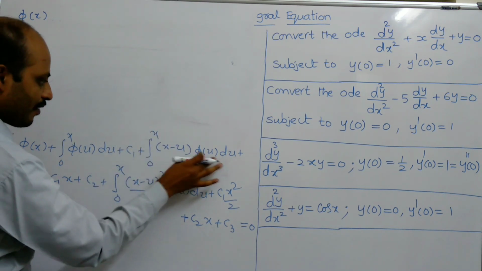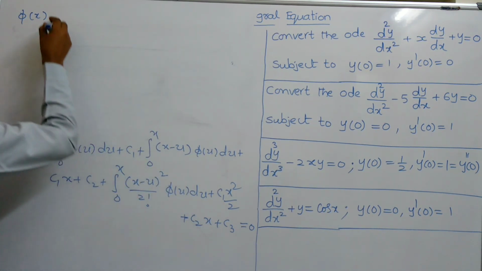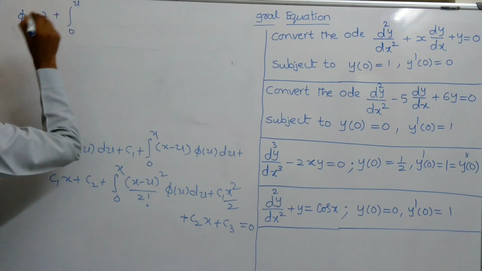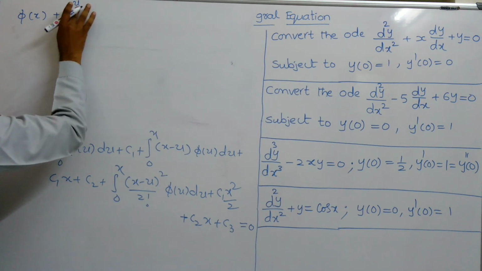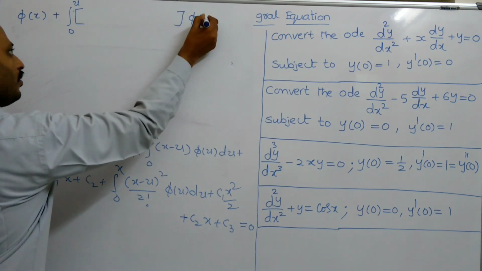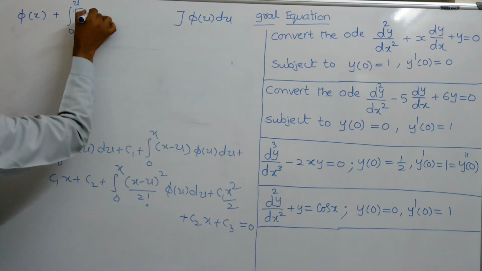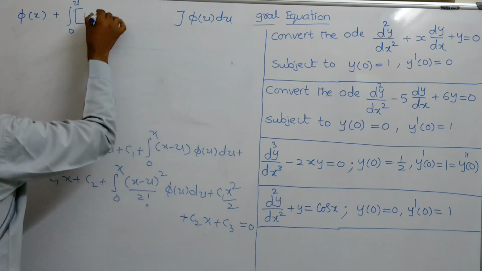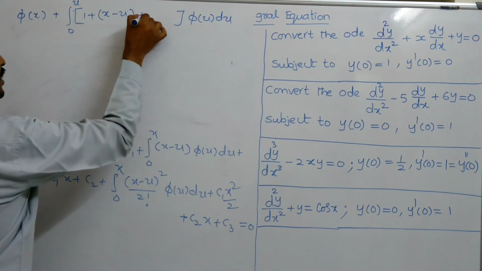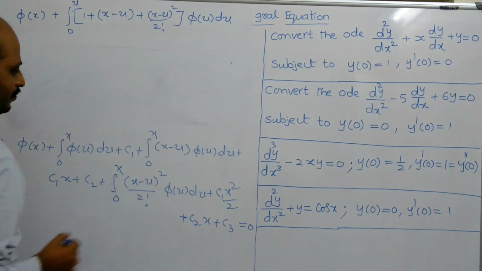If you write that term, integral 0 to x phi of u du, from this term you get 1, from this term you get x minus u, from this term you get x minus u whole square by 2 factorial.